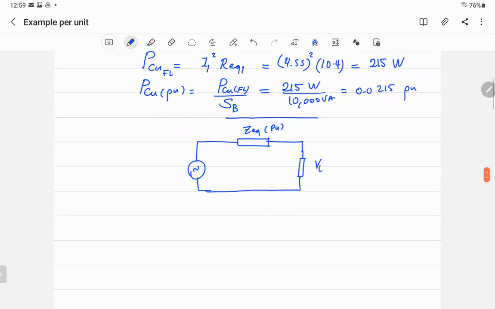So that's the voltage of the load. First, it's 75% of the full load. So what do you expect the current to be in per unit? Without calculation, this is the current of the load, 75% of the full load. I want to express the load current in per unit. Give me the value.